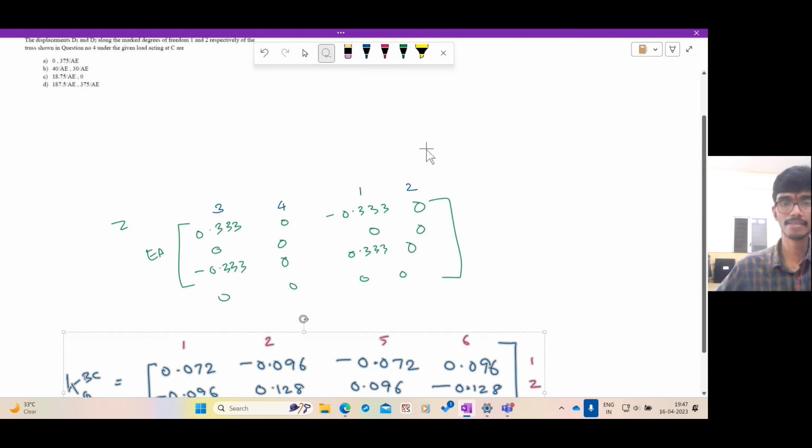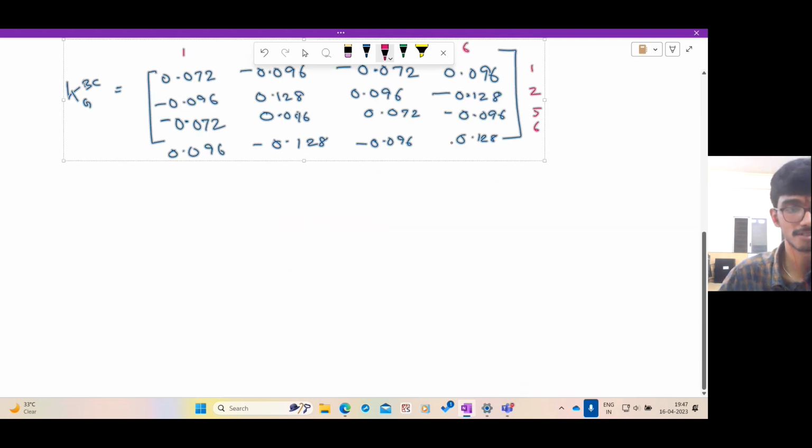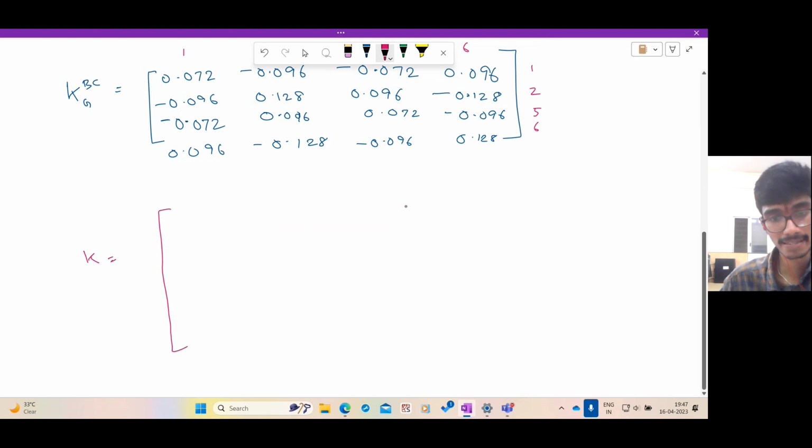These are the element member stiffness matrices in the global coordinate system. Now let us assemble them together to construct the full global structural stiffness matrix. Let us call it K. How many degrees of freedom are there? Totally 6. So it's a 6 by 6 matrix.